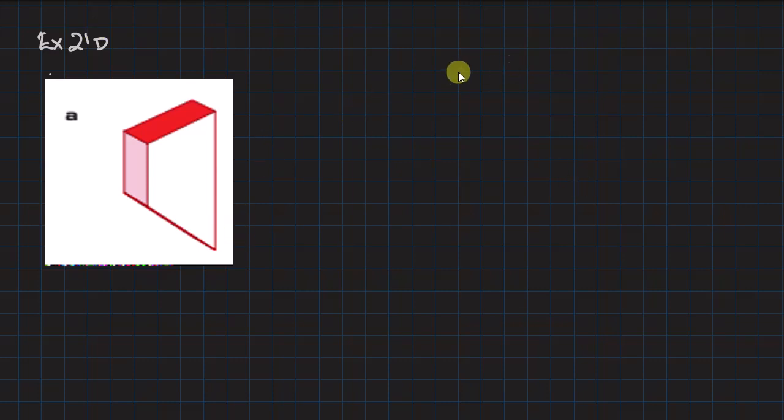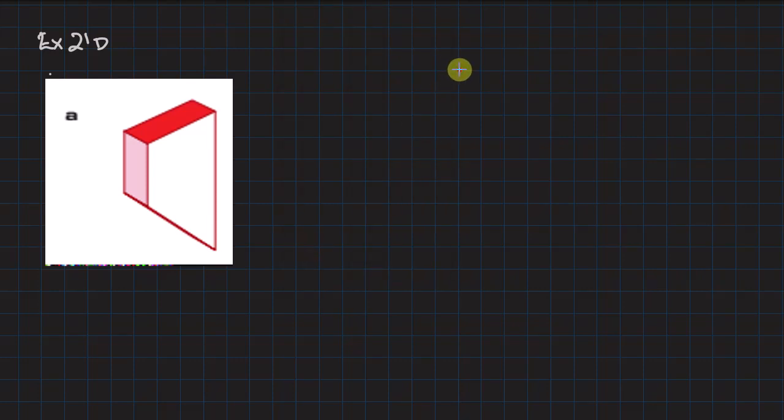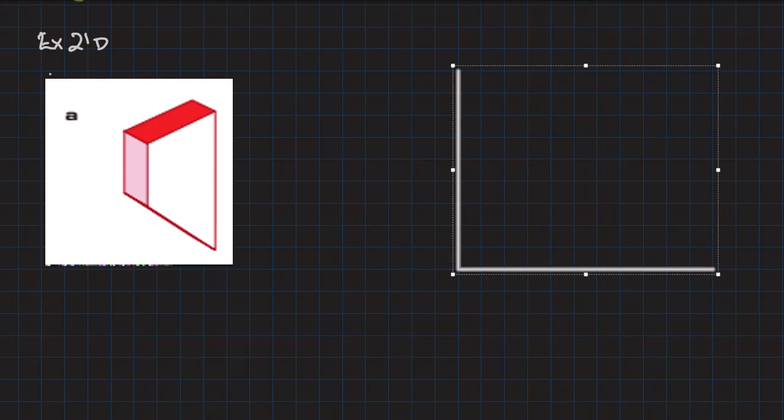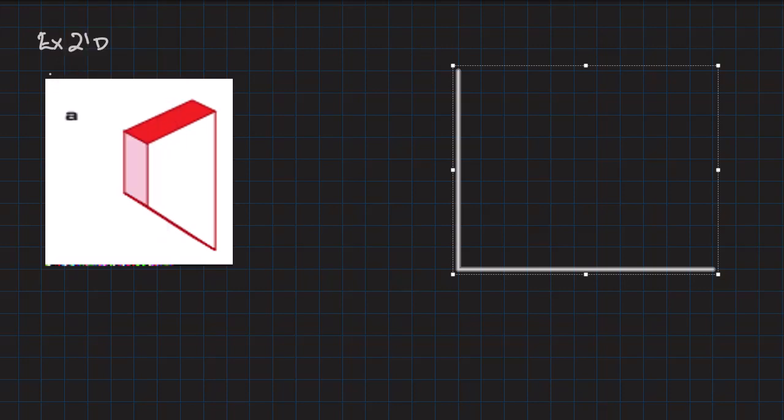So let's prepare to get a set of axes. The vertical axis is the depth, the horizontal axis, time.